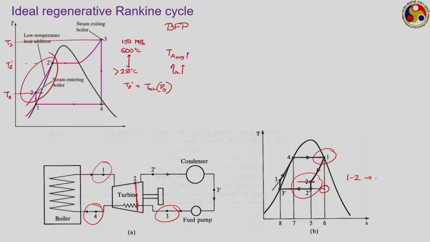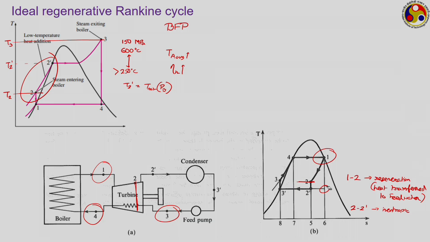This 1 to 2, where we have the regeneration going on, that is heat is getting transferred to the feed water from the steam which is getting expanded in the turbine, and then from stage 2 to 2 prime, which is normal isentropic expansion. So, this is the most ideal way we can achieve the regeneration.